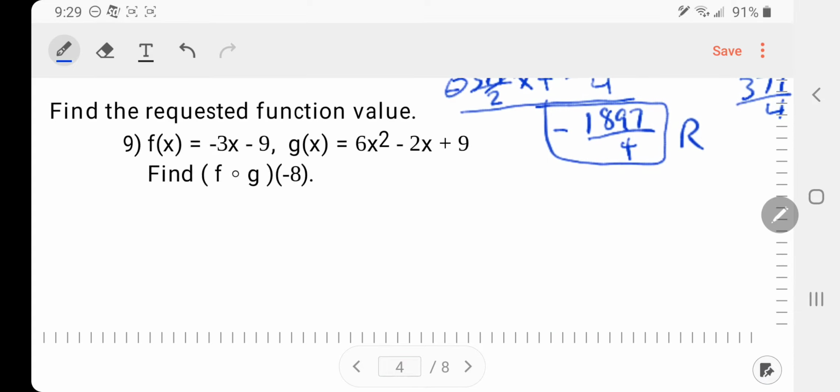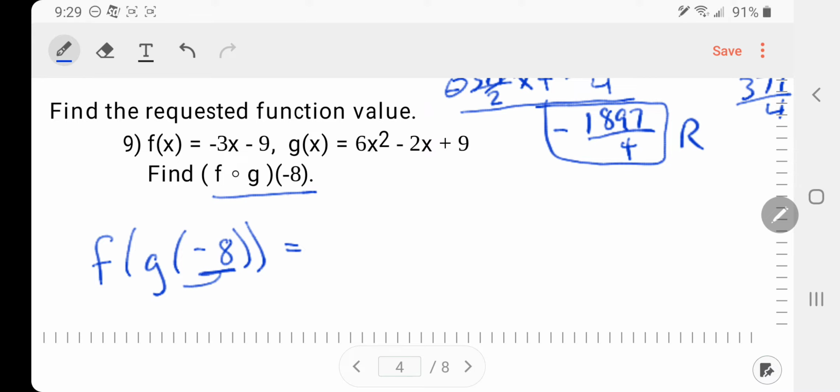Okay, next problem, number 9. We're going to find f circle g of -8. This is composition. And so that means we're going to do f of g of -8. And so the way we work this is we start on the inside and we work our way out.